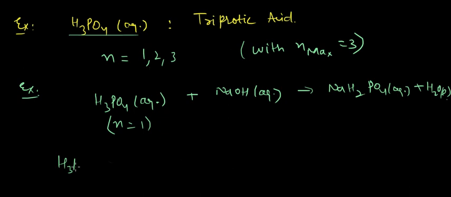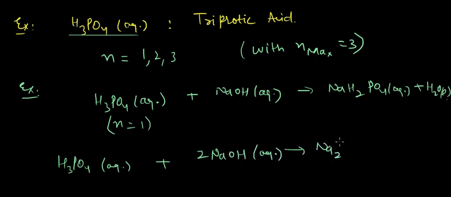And let's say we have another reaction in which we use H3PO4 aqueous again plus 2 moles of NaOH aqueous to form Na2HPO4 plus 2 moles of H2O liquid.